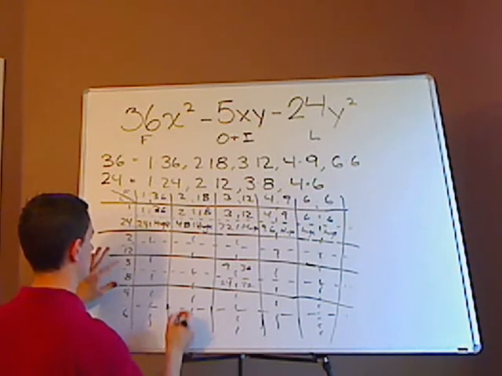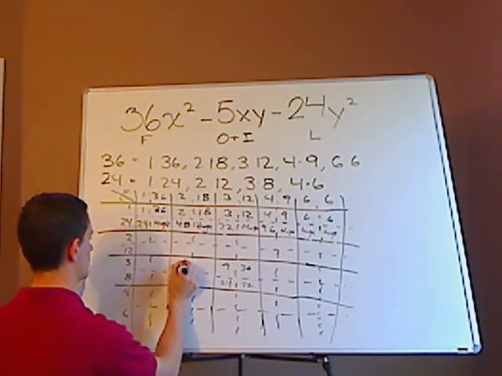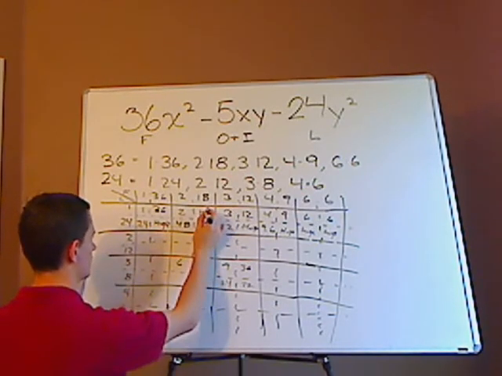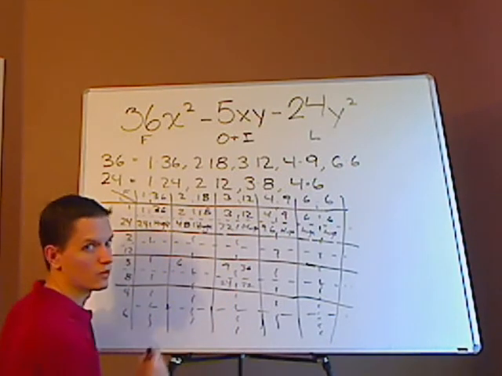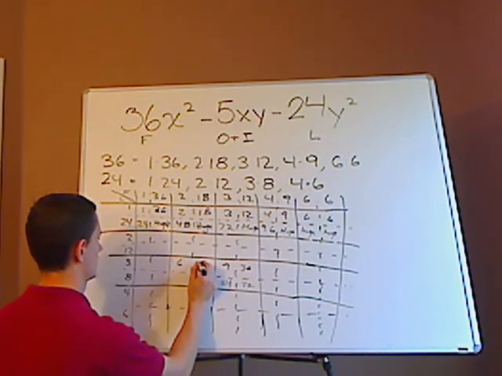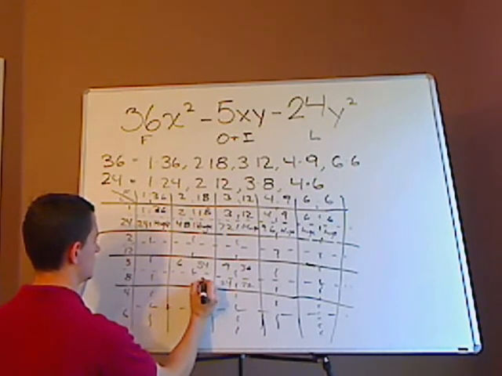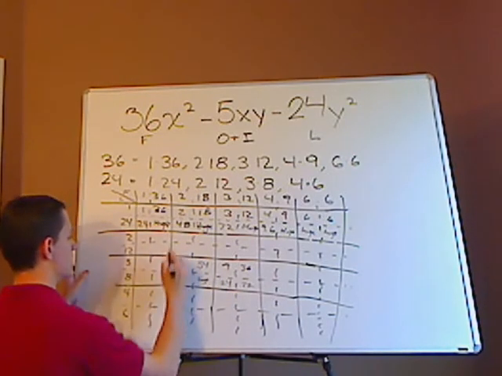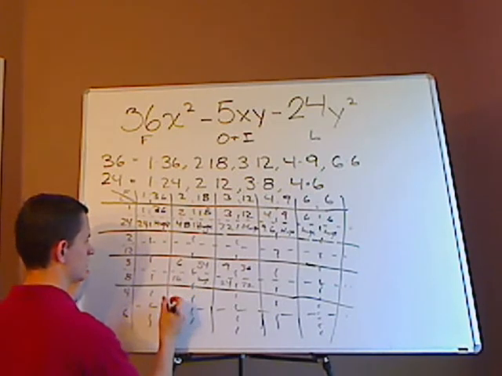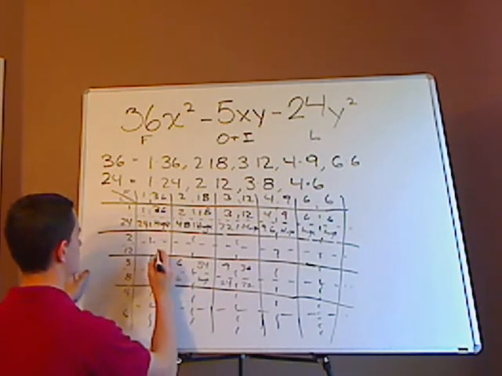Okay. What about this guy? 3 times 6. And I have 3 times 18. What's 3 times 18? Yeah, it's 54. 8 times 18, that's going to be huge. 8 times 2 is 16, so that's not going to work.